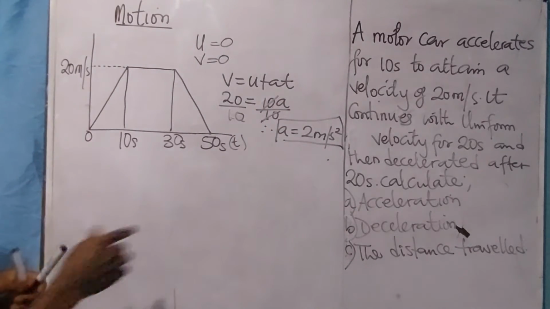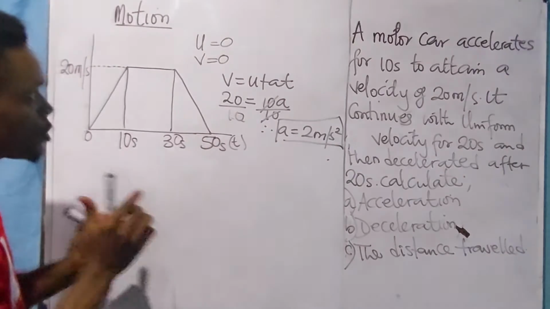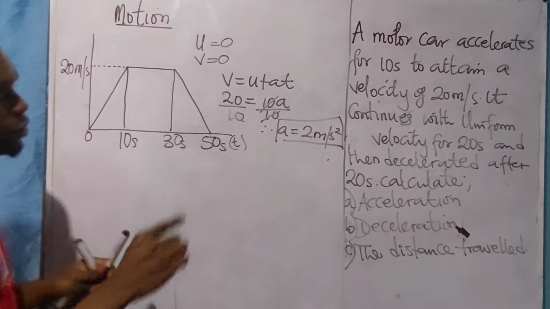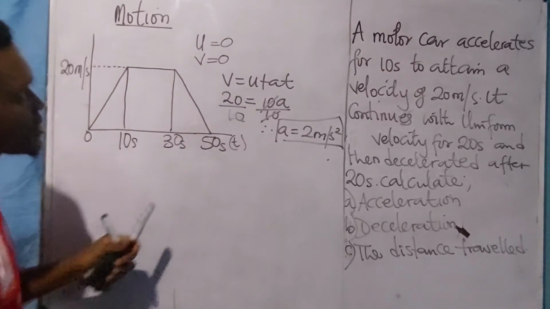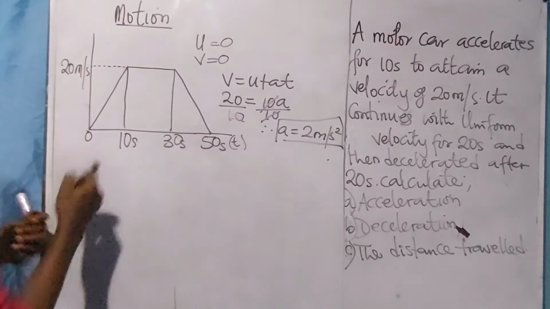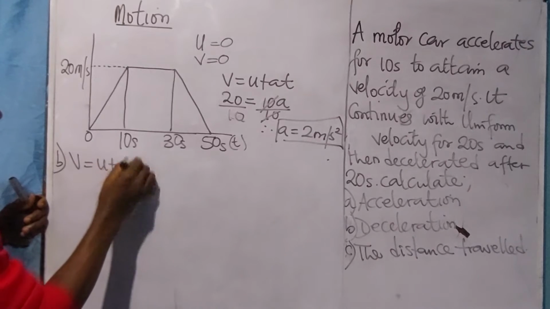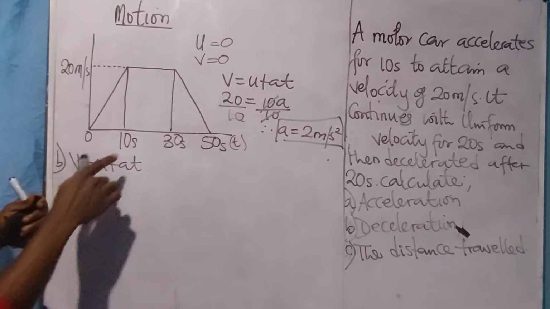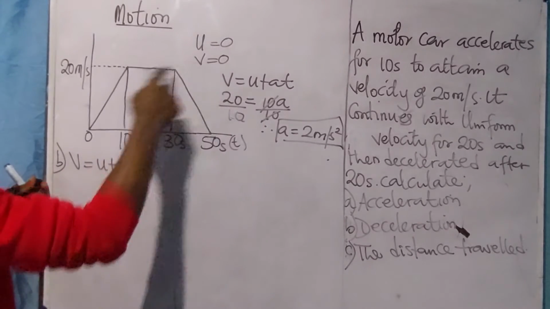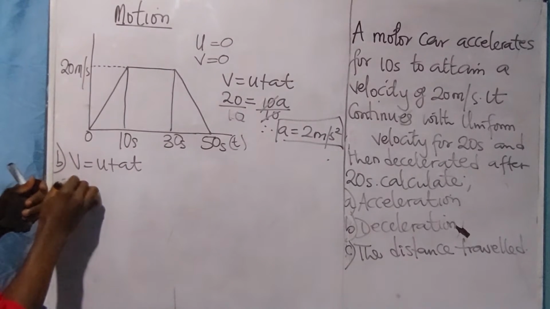Now number 2, there is the b part of it. We have to calculate the deceleration. Now just follow the rule. u is 0 in acceleration, then v is 0 in deceleration. Now the b part of it, we have that v is equal to u plus at. If during acceleration v is 20, then during deceleration v is 0.